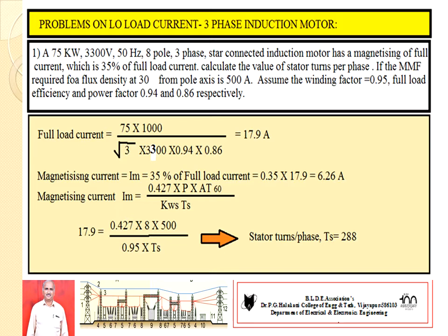So 30 degree from pole axis and 60 degree from interpolar axis, both meanings are the same. Sometimes they may give it like this. Okay, so you have to take 60 degree from interpolar axis. So substitute all the values. Whatever answer you are getting, that is stator turns. So stator turns equals 288.